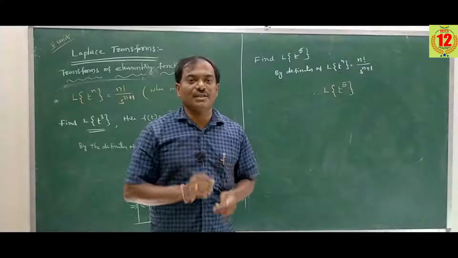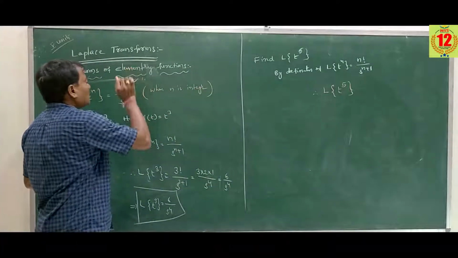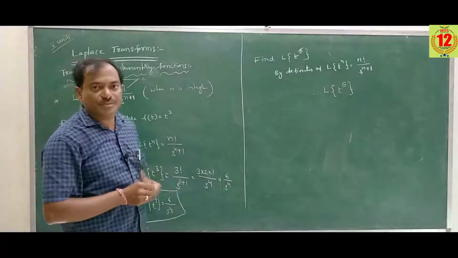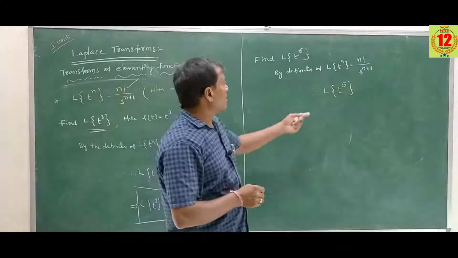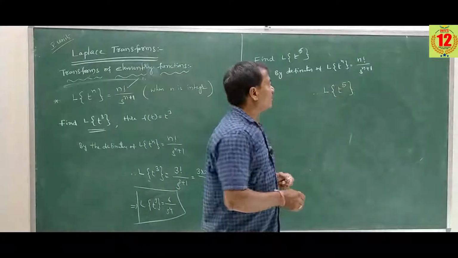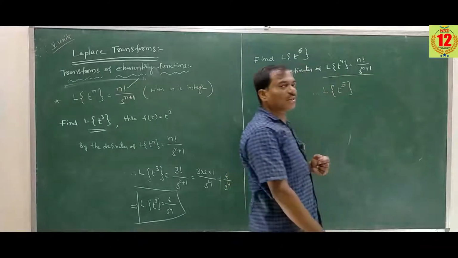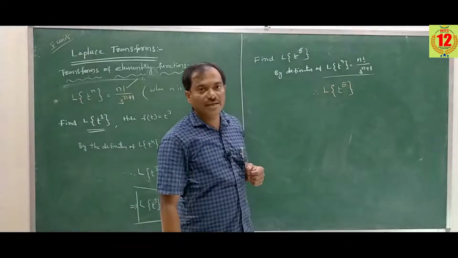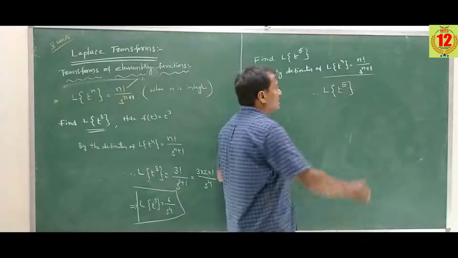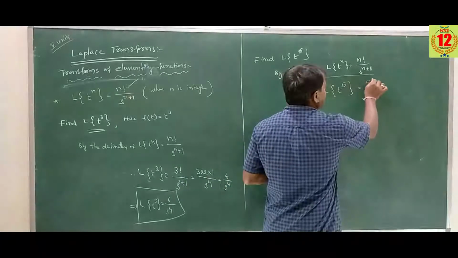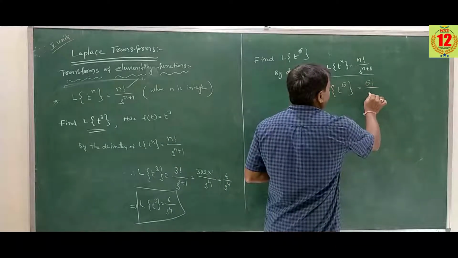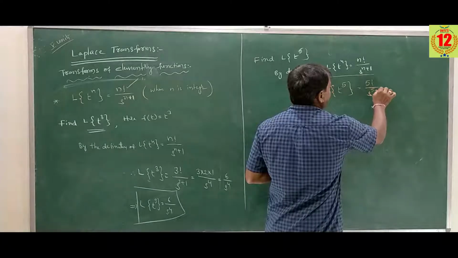If n is an integer, we apply this formula, n factorial by s power n plus 1. Yes, 5 is an integer, so we use this formula. In the right hand side, this n is replaced by 5: s to the power of 5 plus 1.